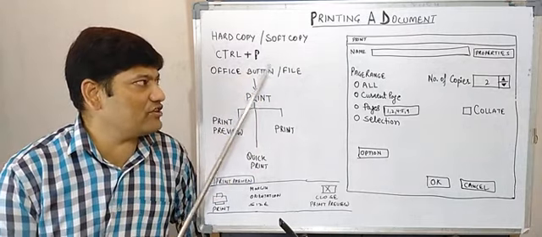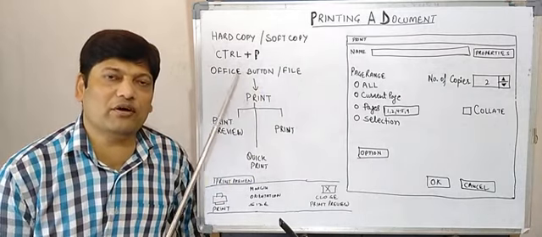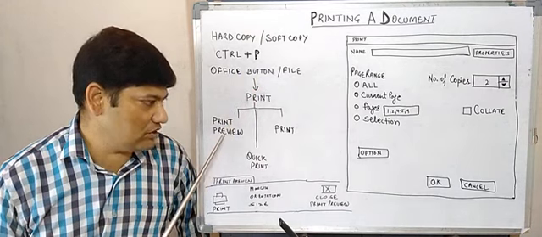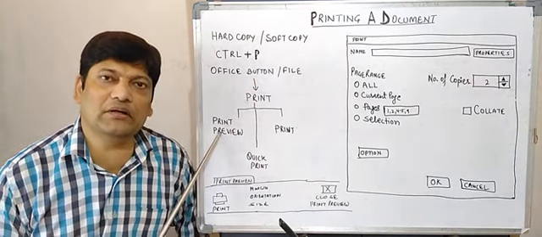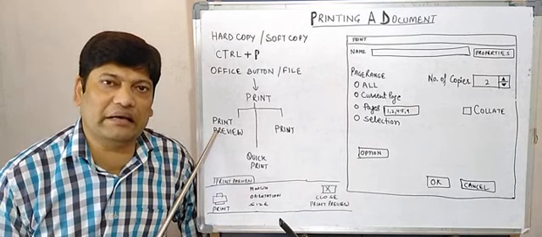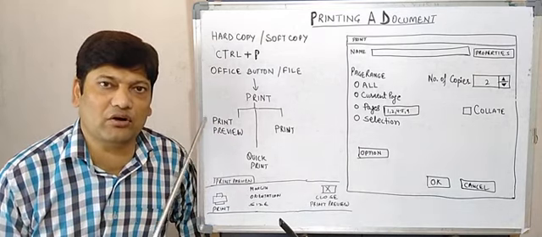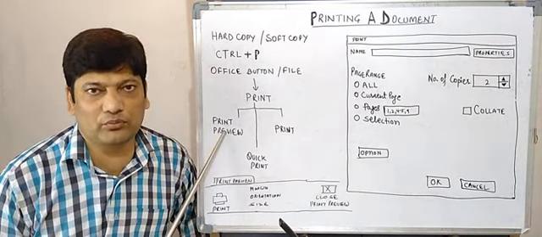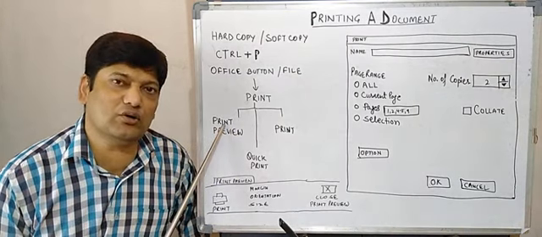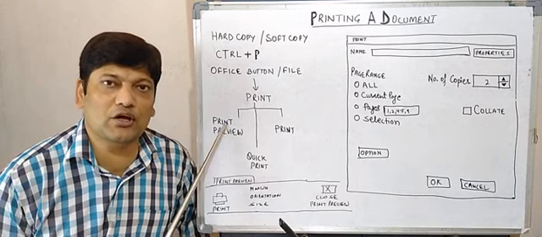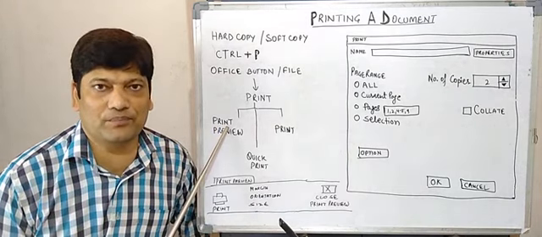The second thing is, from the Office button or File, when you click on the Print option you go to the print preview. Whatever document you have created, you are checking it through print preview. If there is any problem, if your document doesn't look good or something is missing, you can make corrections.